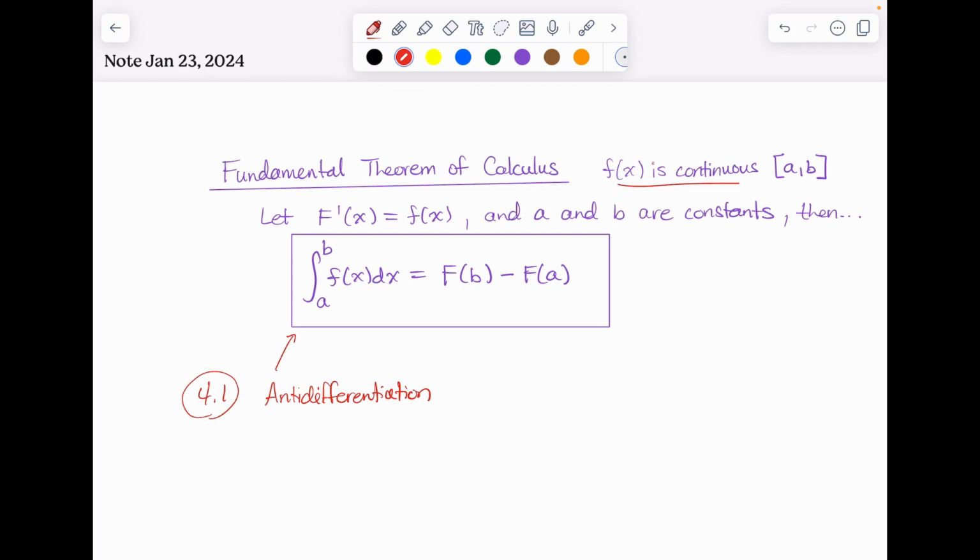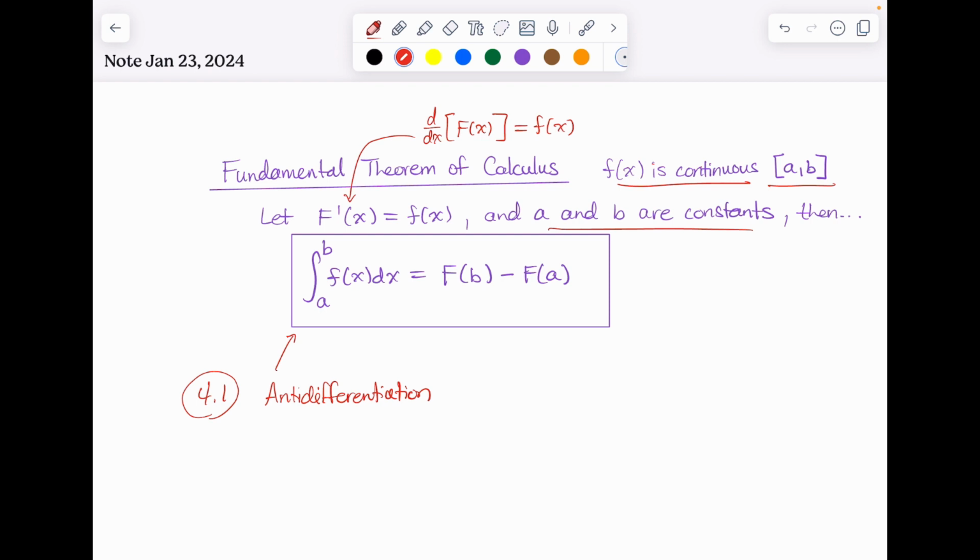It says that if f of x is continuous on this closed interval from a to b, where a and b are constants, and suppose f of x is a differentiable function, that it has sort of this partner function, capital F of x, such that if you take the derivative of this other function, it is equal to lowercase f of x.